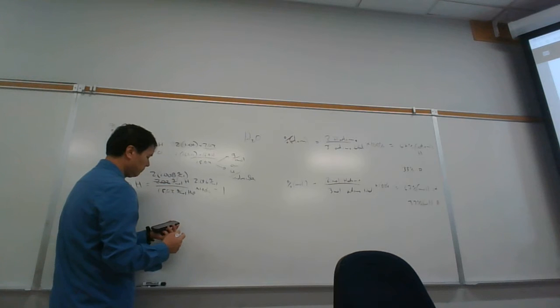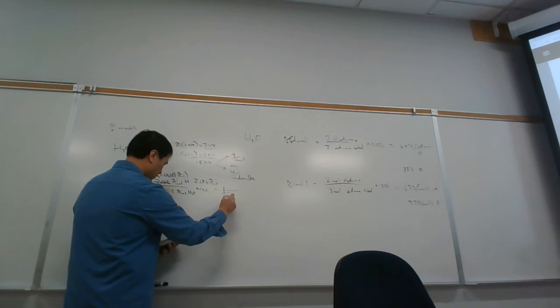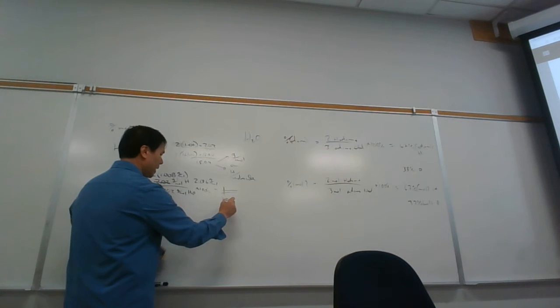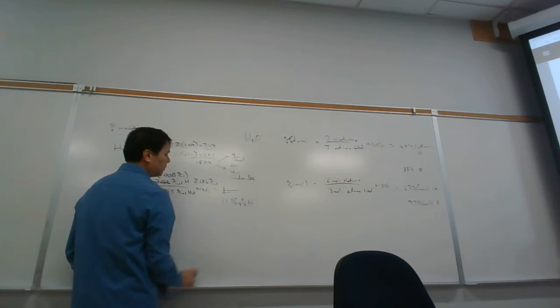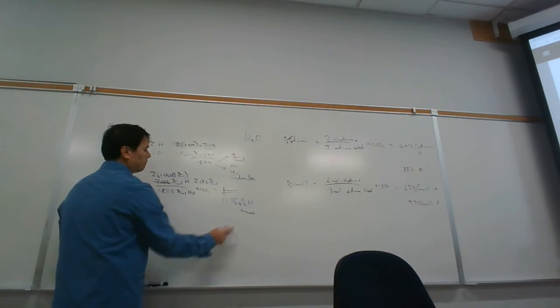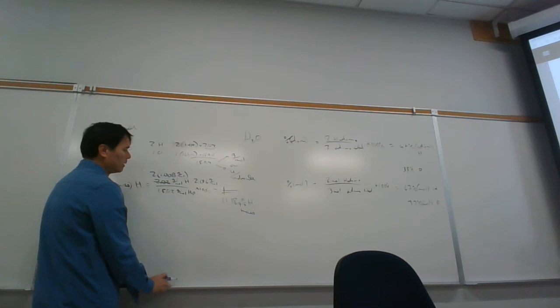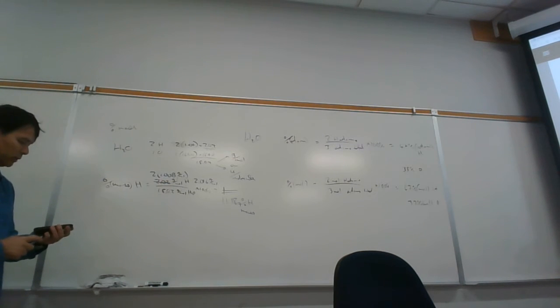And actually, I didn't write that earlier. I'm going to get 11.187% hydrogen by mass. Earlier, with 2.02 divided by 18.02, I got 11.098.